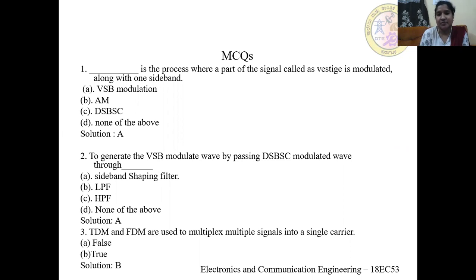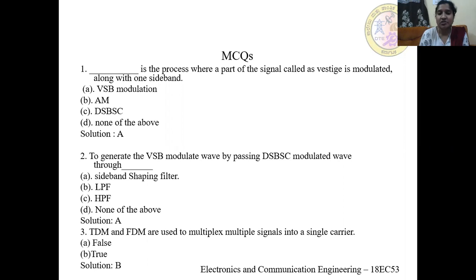First question. Dash is the process where a part of the signal called a vestige is modulated along with one sideband. Vestigial sideband modulation, AM, DSBSC, none of the above.